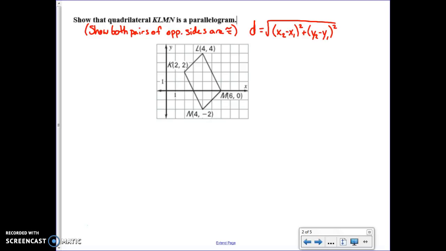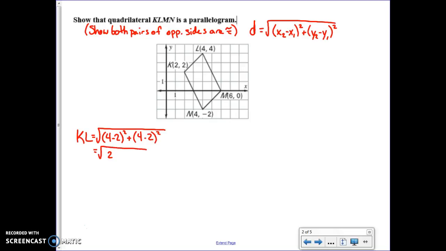So let's try this. Let's look at KL and then MN. Let's see if we can test if those are the same length. So for KL, notice I don't put the bar on top because I'm talking a number value. I have 4 minus 2, quantity squared, plus 4 minus 2, quantity squared.